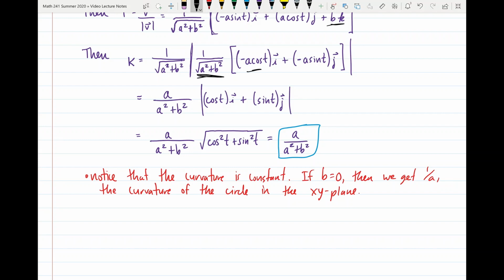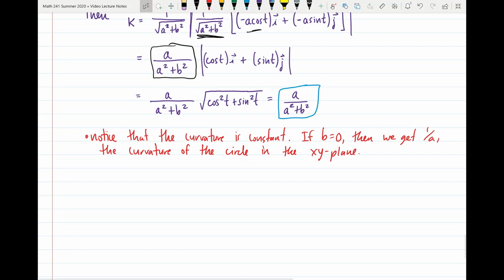We can split up this magnitude, the magnitude of the derivative of the unit tangent vector with respect to t, into the magnitude of 1 divided by the square root of a squared plus b squared times the magnitude of a times the magnitude of cosine t i plus sine t j. Ultimately, simplifying a little bit, that will give us a divided by the square root of a squared plus b squared times the magnitude of cosine t i plus sine t j.